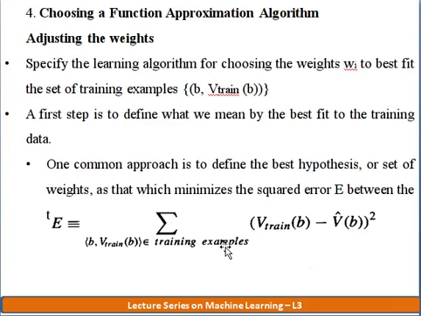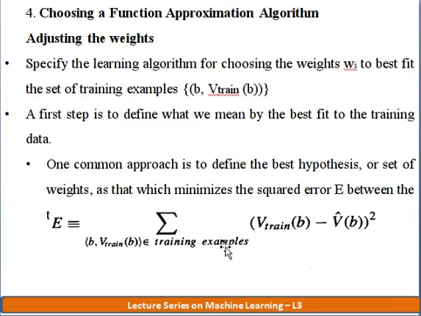all that remains is to specify a learning algorithm for choosing the weights wi to best fit the set of training examples, that is b comma V train of b. The first step is to define what we mean by the best fit to the training data.